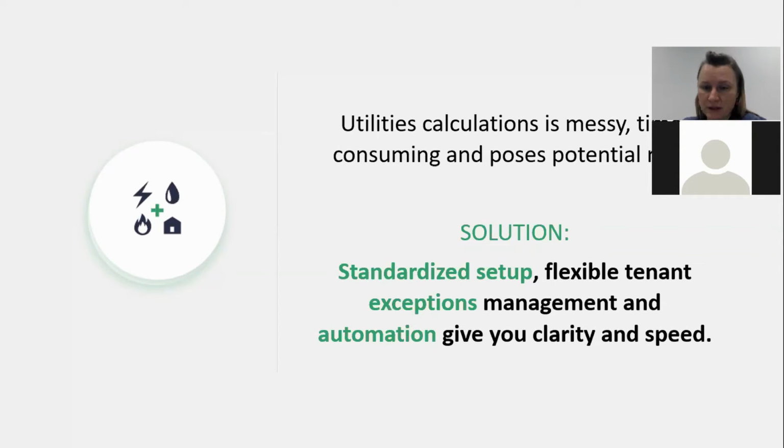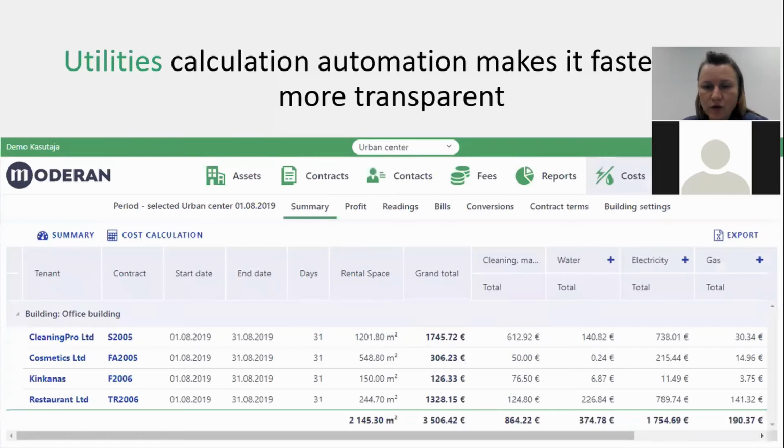So here is an example overview of one actual property and how the result of the utilities calculation is presented. We automatically calculate the individual share of each cost for each tenant, depending on the specific rules that are assigned for each cost item.